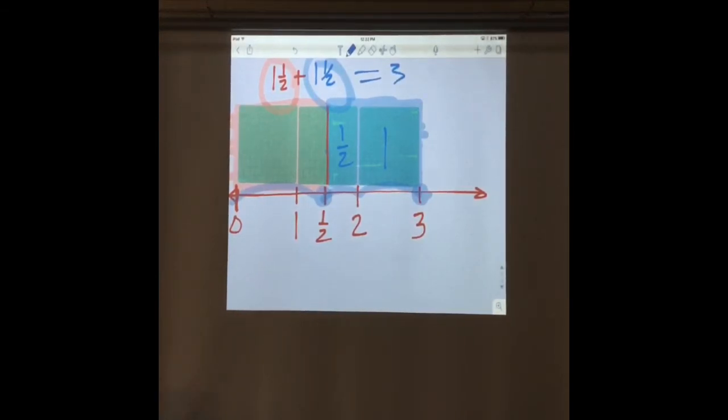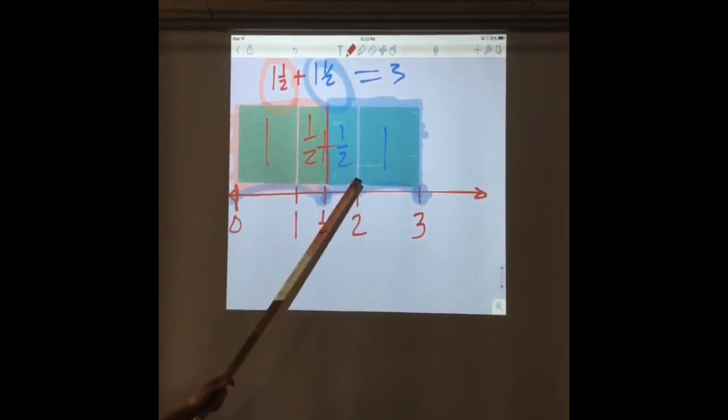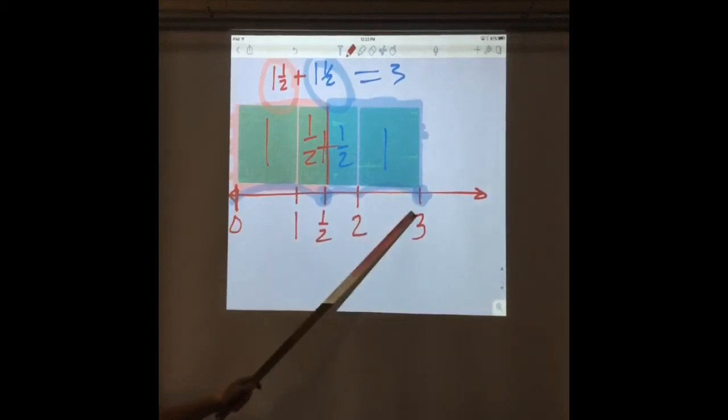Does everybody see that? Yeah. You see that this is the 1, this is the half, and we added it to the blue 1.5, right? So when we have 1.5 plus 1.5, we have how many squares? 1 square, 2 squares, 3 whole squares. That's how we got the 3.